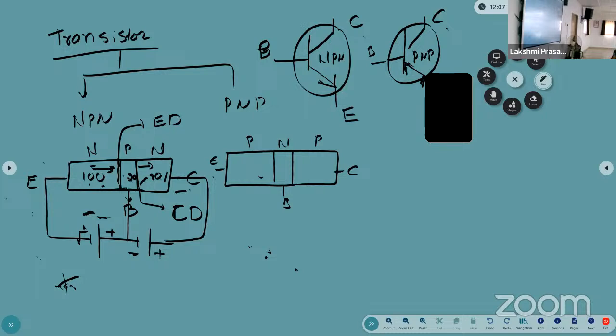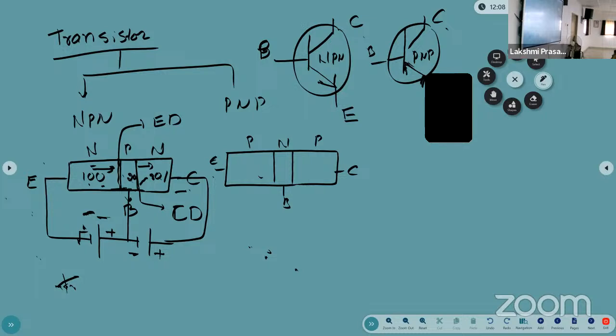But we are having only the 3 terminals. How can we make the input circuit and output circuit using the transistor? We are having the 3 terminals, emitter, base, collector. Using the 3 terminals, we need to form, with respect to the transistor, the input side and the output side. The input should have 2 terminals and output also 2 terminals. But we are having only 3. Then how can we make it? One should be a common terminal for the input circuit and the output circuit.